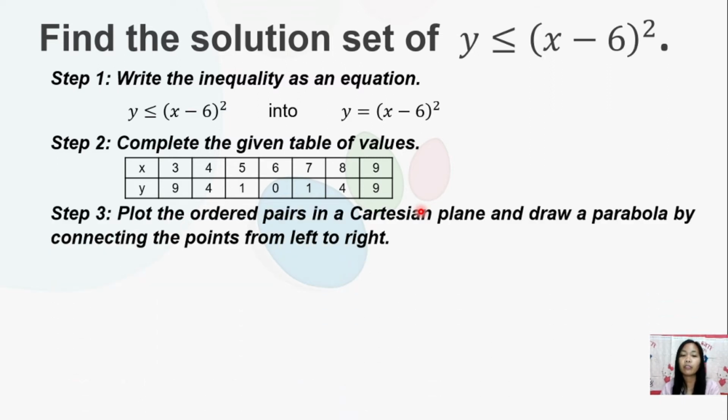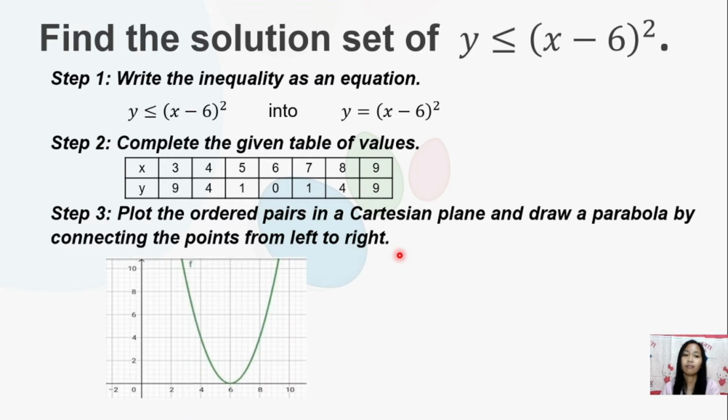That is to plot the ordered pairs in the Cartesian plane and draw a parabola by connecting the points from left to right. So take note that this time a solid curve is used to draw the parabola.